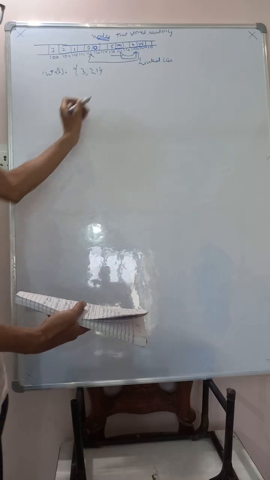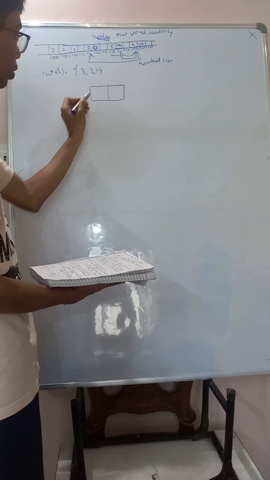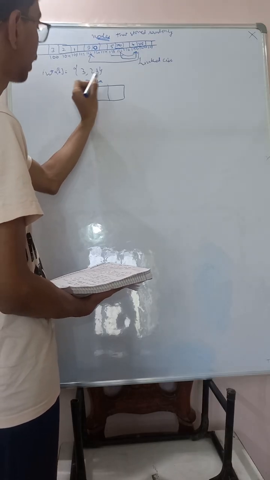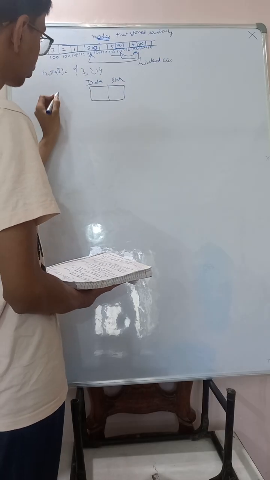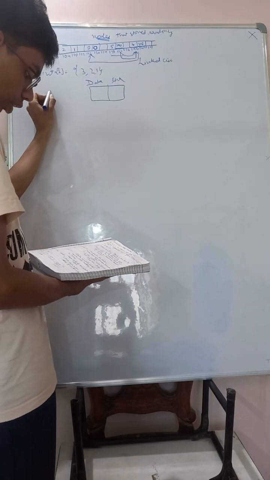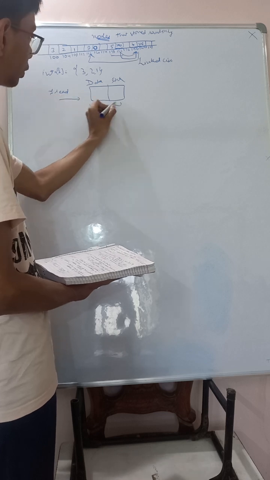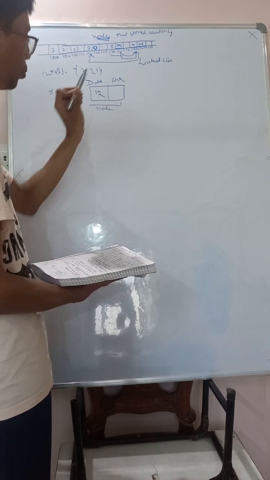Now let's define a node. Suppose this is my node, right? So a node has two parts, data part and link part, right? Now a head will point to a node, right? First node, and the data part will contain the value.